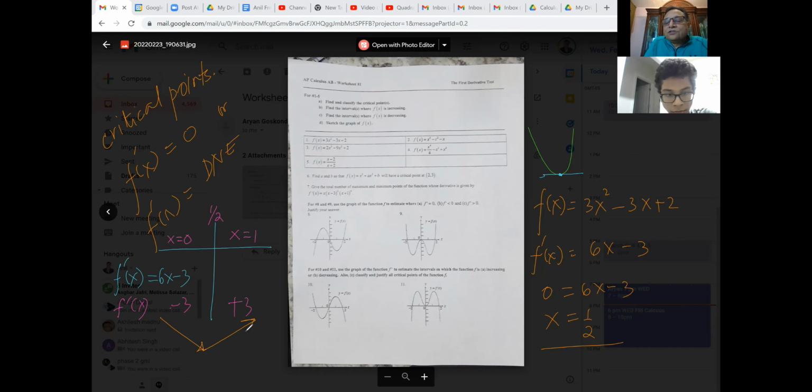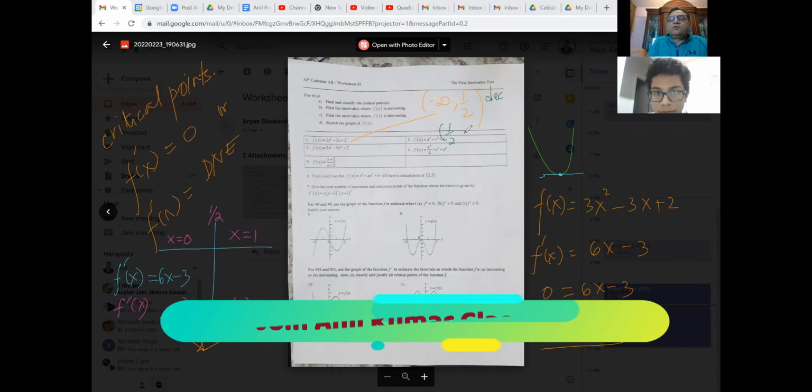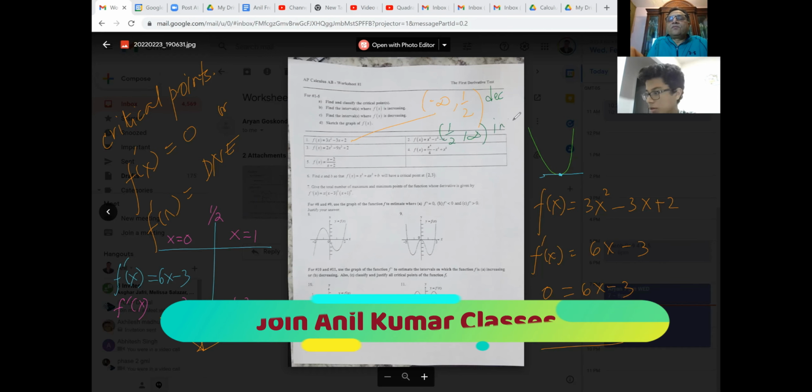Do you see that? So therefore, we can say that this particular graph is decreasing from minus infinity to the turning point, which is at half. And it is increasing from half to positive infinity, as you can also see in the graph. So both the things are now related, and based on this, we can sketch the graph just as I have shown, correct?